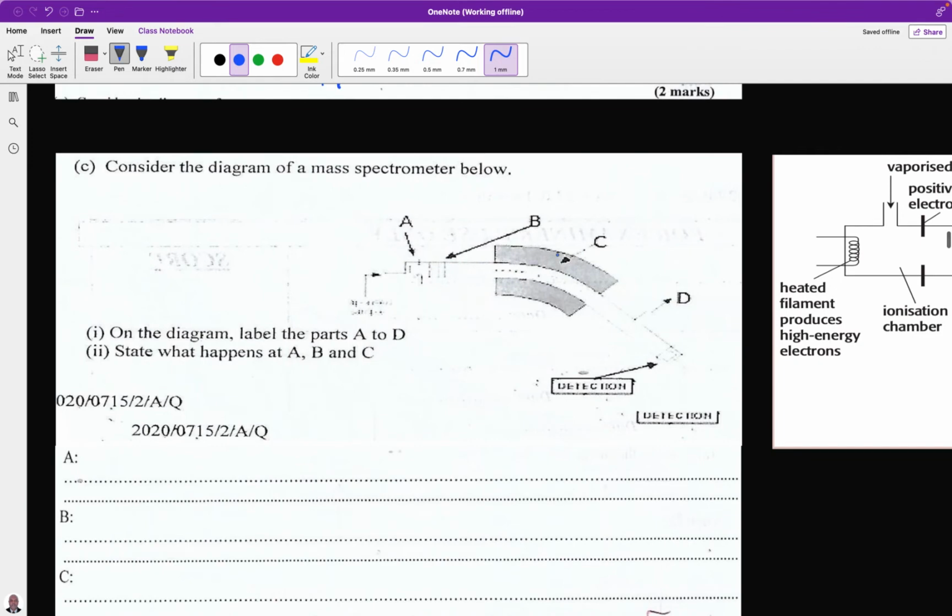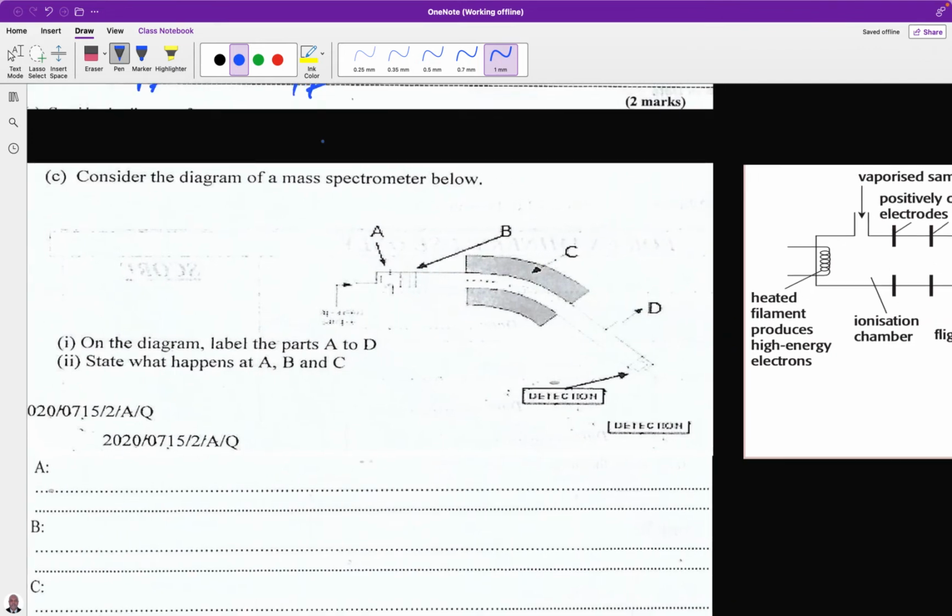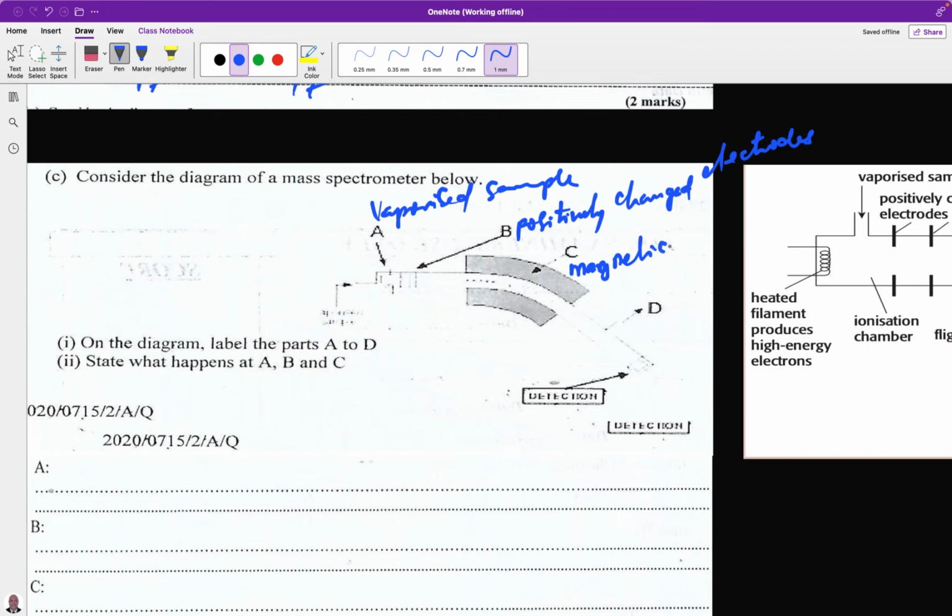So if you can label all this, as I said, A vaporized sample, and then you label B as positively charged electrodes. Then you label C as magnetic field.